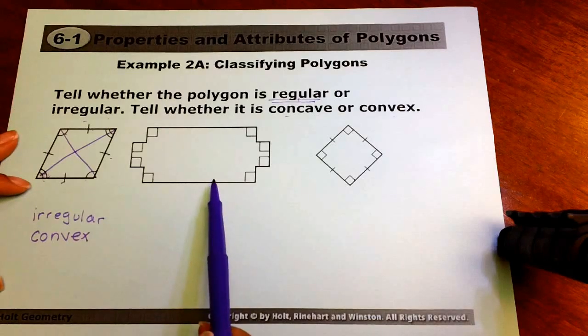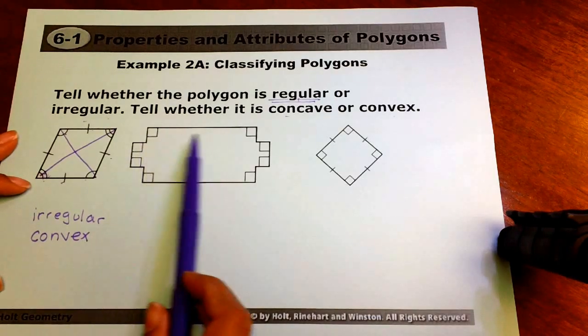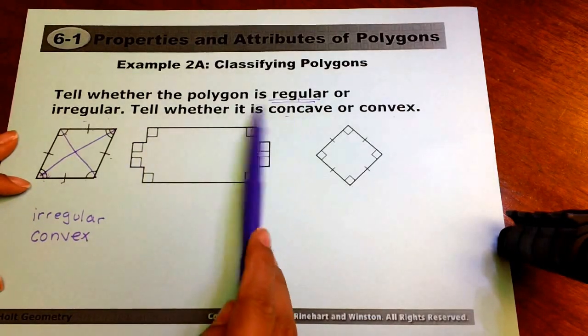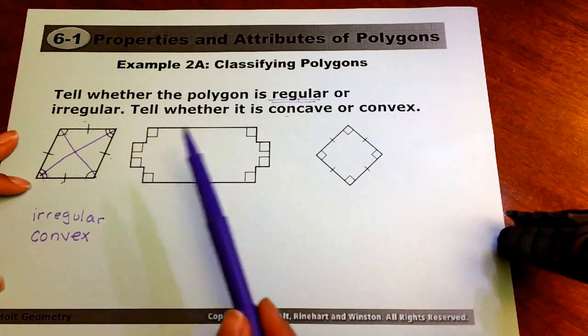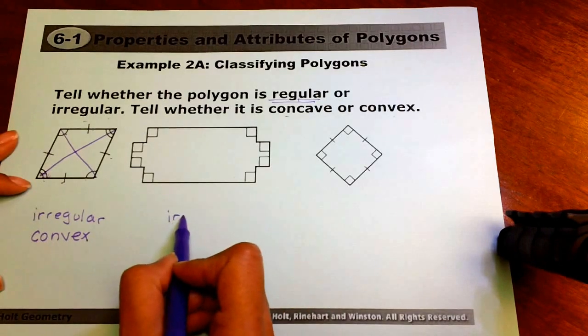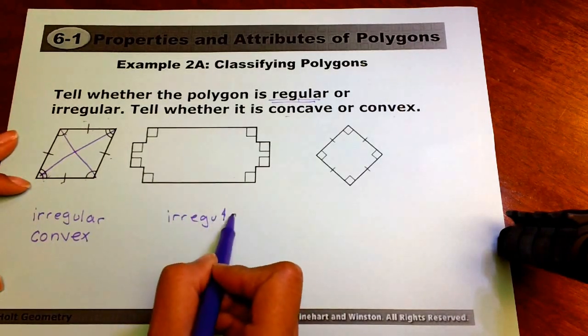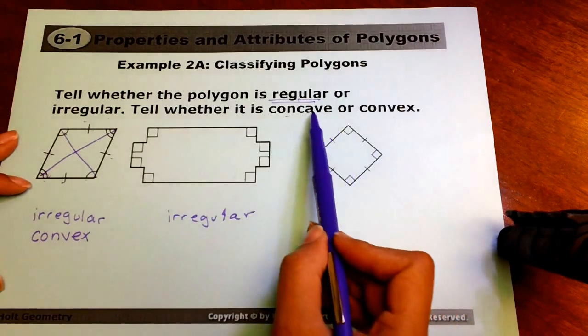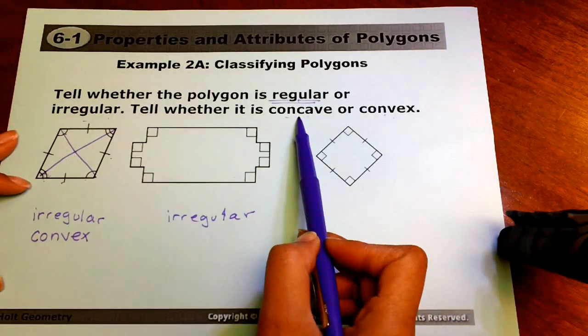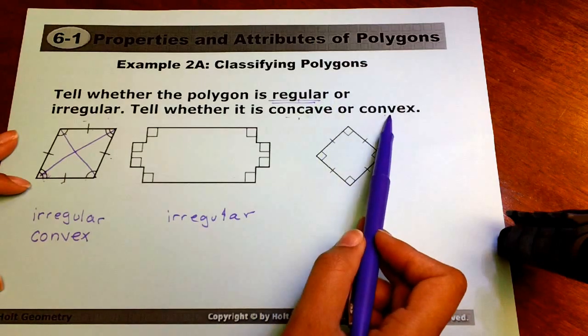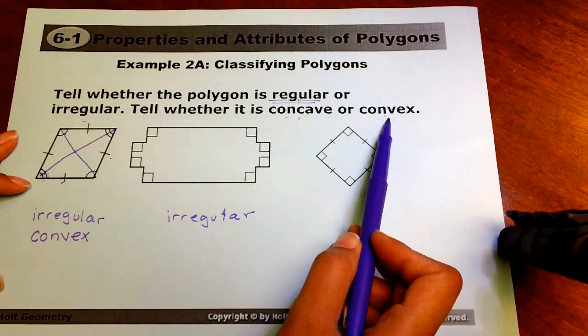In this shape here, we have all of the angles being 90 degrees, which would make it regular, but it's irregular because not all the sides are the same length. Now we need to decide if it's concave or convex. If it's concave, then our diagonals land outside the shape. If it's convex, then our diagonals lie within the shape.